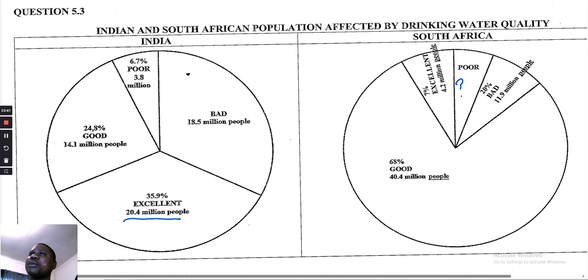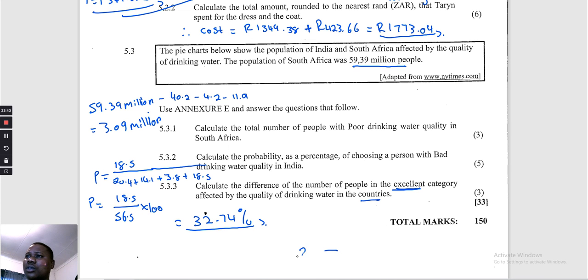So it's going to be 20.4 minus 4.2. How much is it? That is 16.2 million.